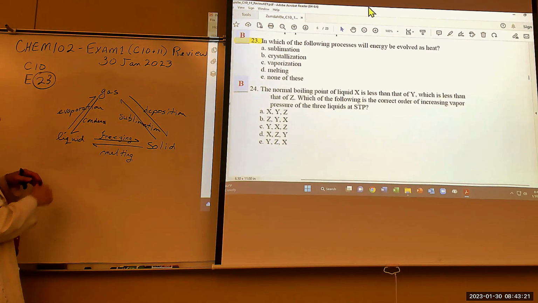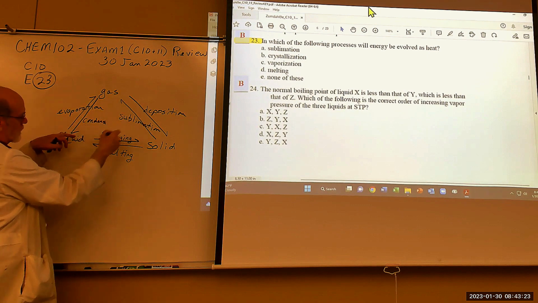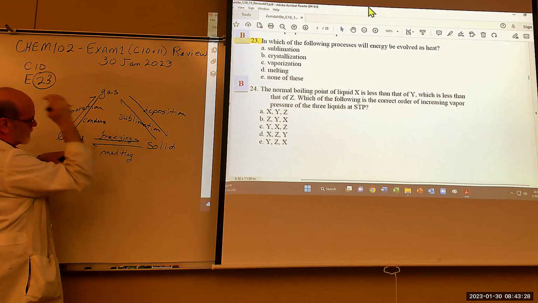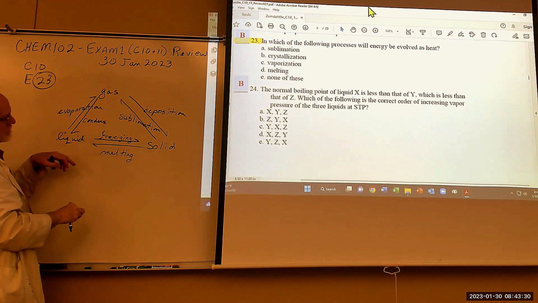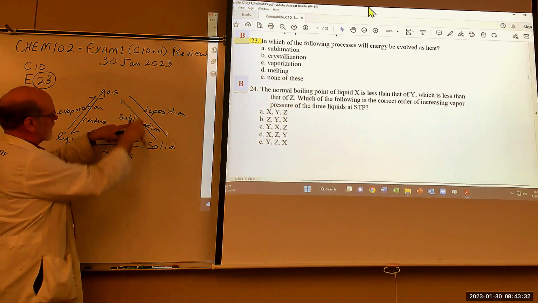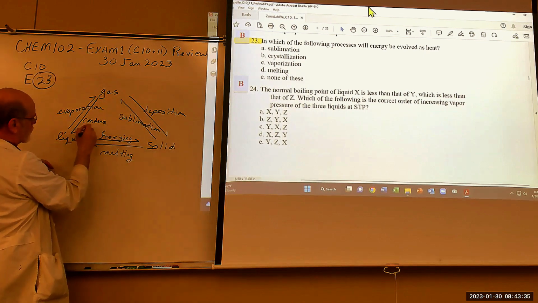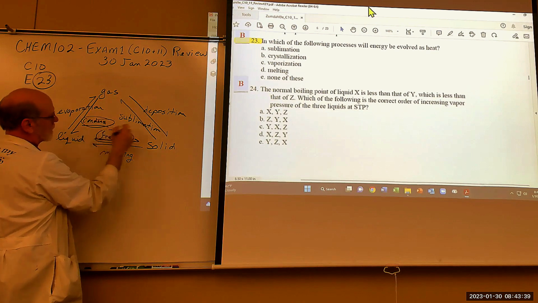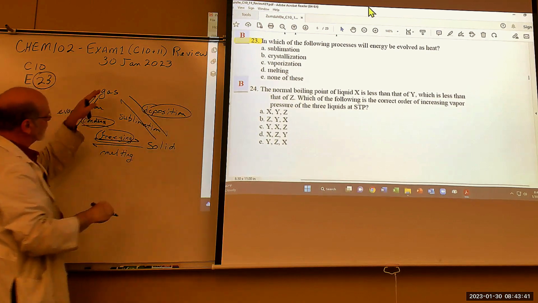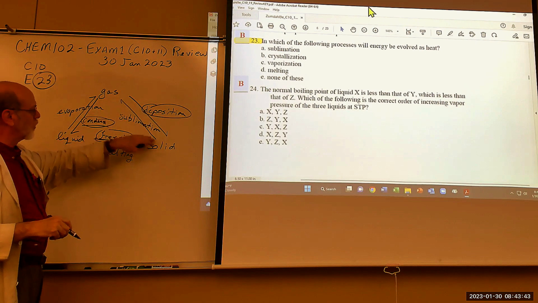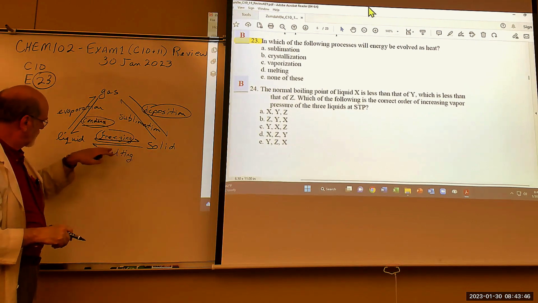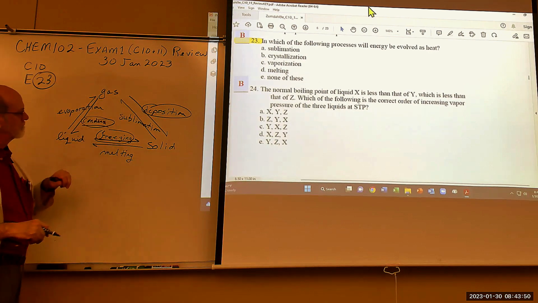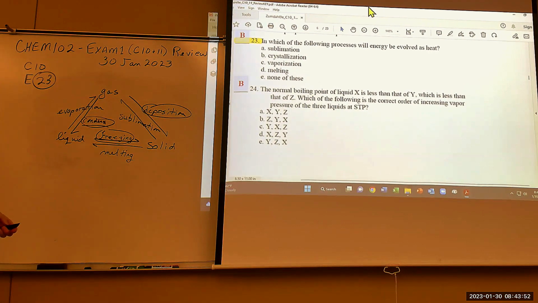So exothermic would be this inner circuit: condensation, freezing, sublimation. No, that's not right. Deposition. So this one, condensation, freezing, or deposition would be from disordered to more ordered. So any one of those would work.